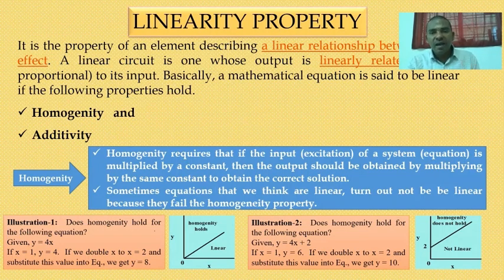Then the given equation is obeying the homogeneity property. If it is not accepting that, then you can call it non-homogeneity. To understand that, I am taking one simple example.